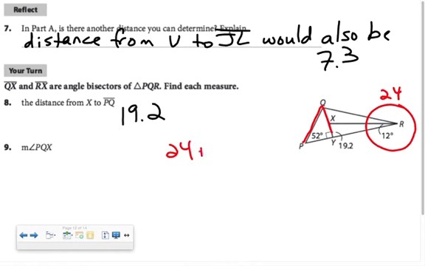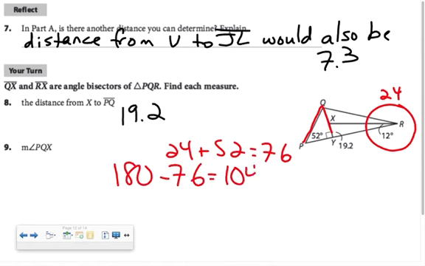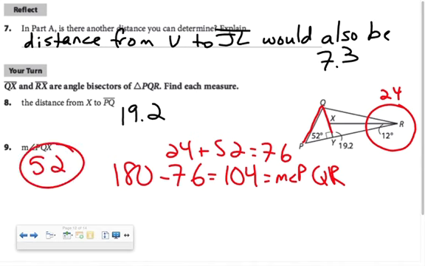I take 24 plus 52, and that's 76. 180 minus 76 is 104, which is the measure of angle PQR. But I was told that PQR got bisected. So, in order to find angle PQX, I take half of 104 to get 52.